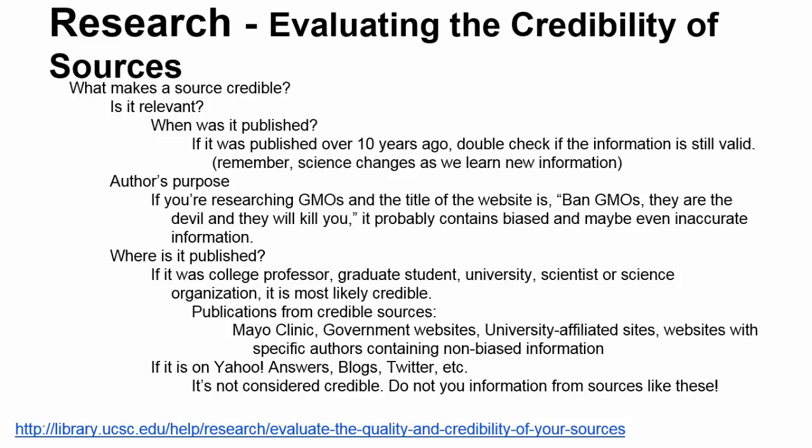Another way to know if a source is credible is knowing the author's purpose. So, for example, if you're researching GMOs and the title of the website is Ban GMOs, they are the devil and they will kill you, does that seem like a source where you're going to get unbiased, completely accurate information? Well, it could be, but the chances are that it is a biased source. And what does biased mean?